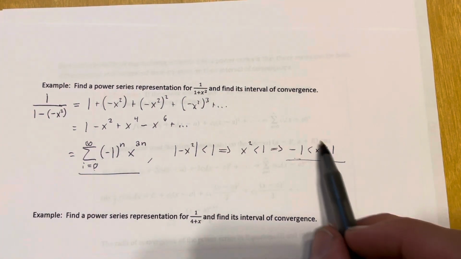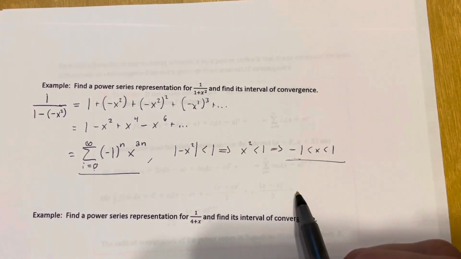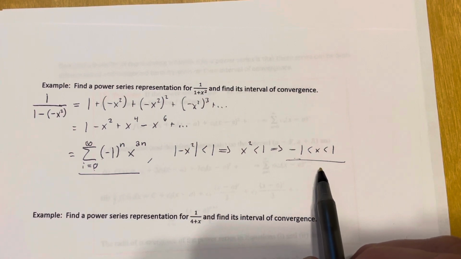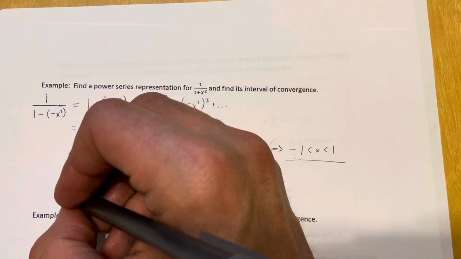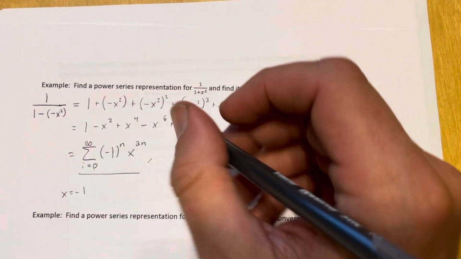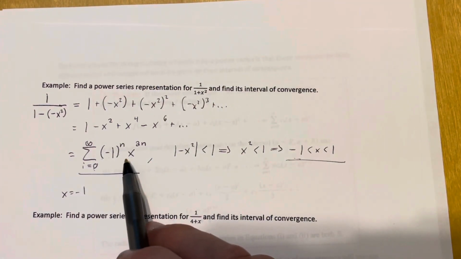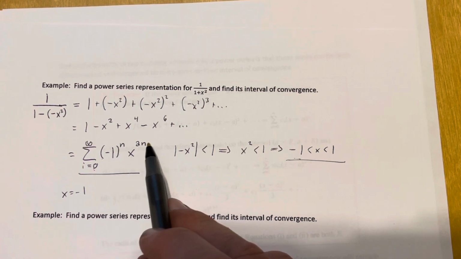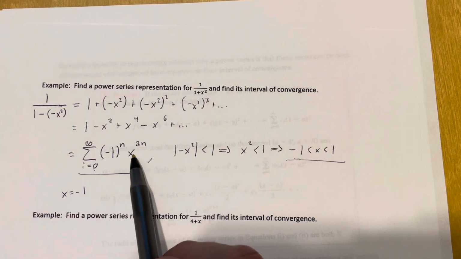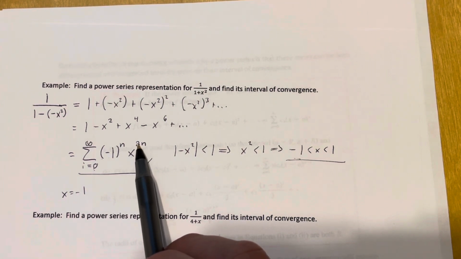I could go through and check the endpoints for this. Well, yeah, let's check my endpoints actually. So if I were to plug a negative 1 in, x equals negative 1, what are we going to get here? Well, I'm going to get negative 1 to the n times negative 1 to the 2n. And notice the fact that there's a 2 here means I'm always going to have an even power.